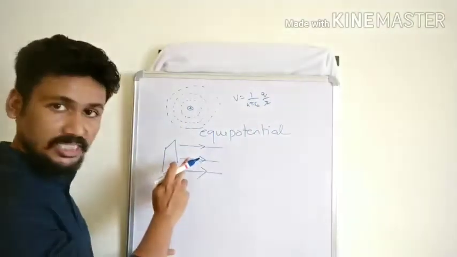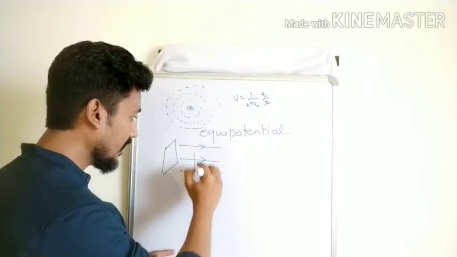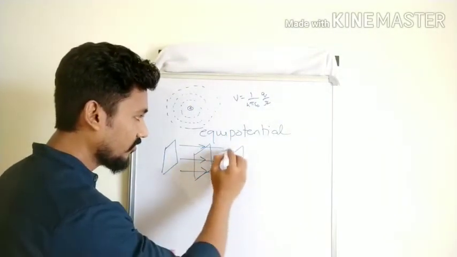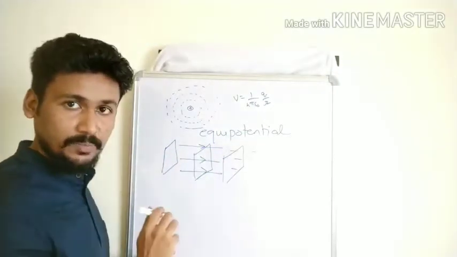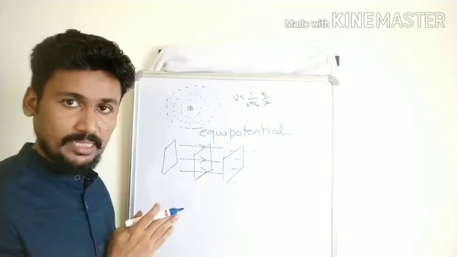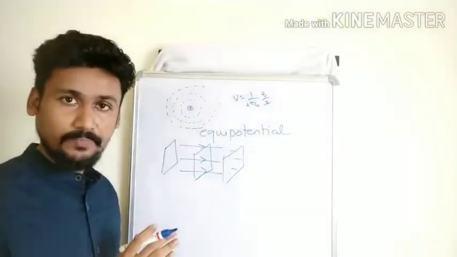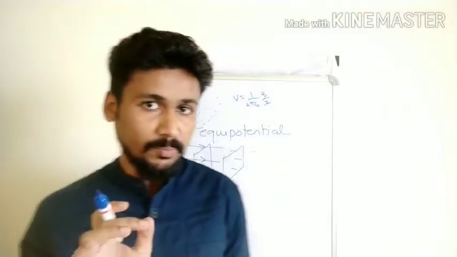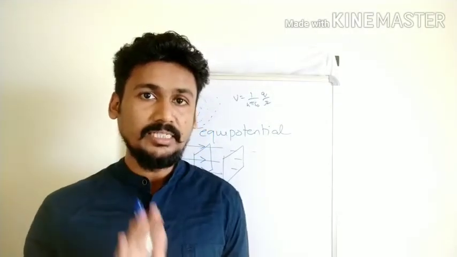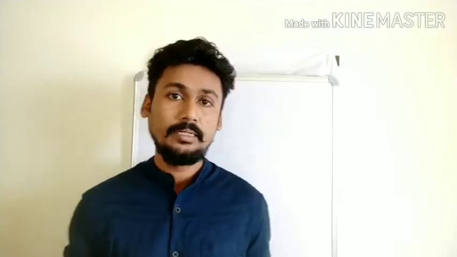So the equipotential surfaces for this will have shapes like this. For a field that is going in this manner, the equipotential surface will have a flat look. They are going to be planes in this manner. So that is the meaning of equipotential surface: any surface where potential is the same at all the points.